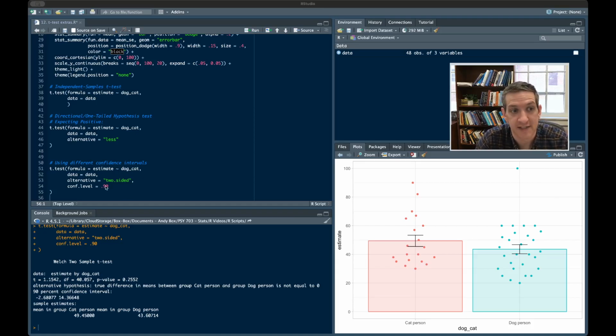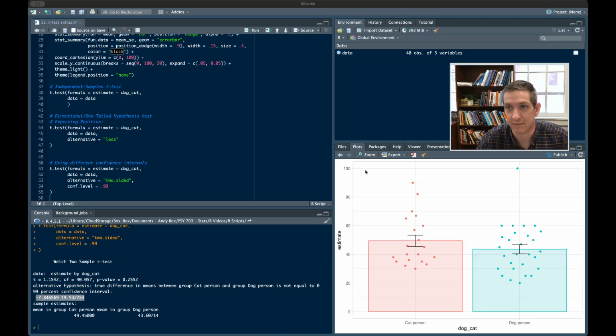Now, we can also customize this in the opposite direction. We might really not want to be wrong, so we want 99% confidence, but of course we're going to pay for that in precision. In this case, the confidence interval is now much wider than it was originally. Now it could be as low as almost 8 and as high as almost 20. Now, because it's so wide, it will more often include the population mean difference on average.